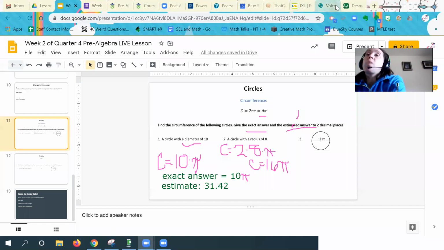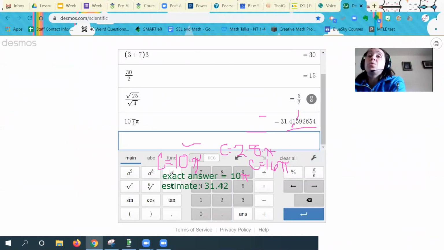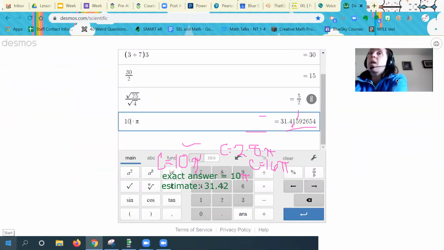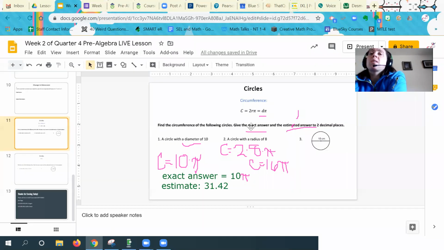To find out what that is, I would go to Desmos, and since I already have it in there, I can just change it to 16. If I rounded it, it'd be 50.27.